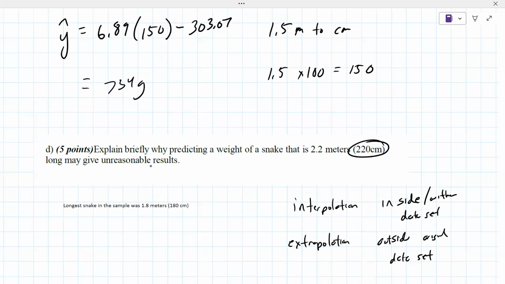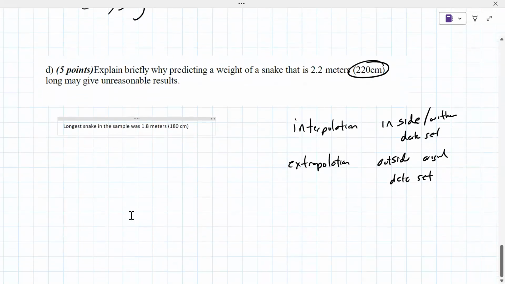So your teacher's looking for an answer here that says something like, while you could calculate it, you wouldn't necessarily be comfortable with the answers because the input is outside of all the inputs that you used.